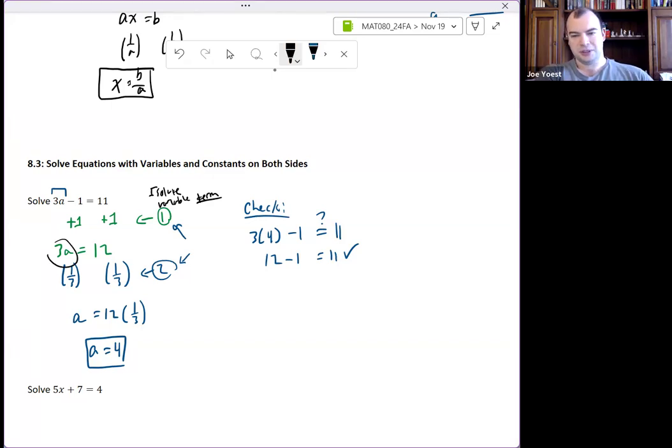And then my next goal was to isolate the variable itself, getting the a by itself. Because of course we're looking for a equals number, that's the form that our solution will take. So we isolate the variable term first, and then isolate the variable itself.